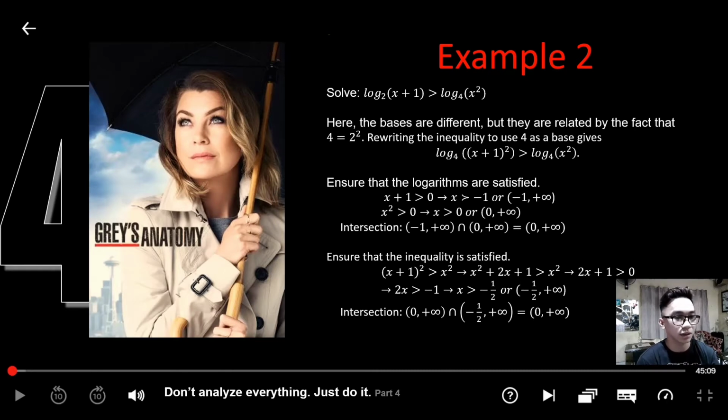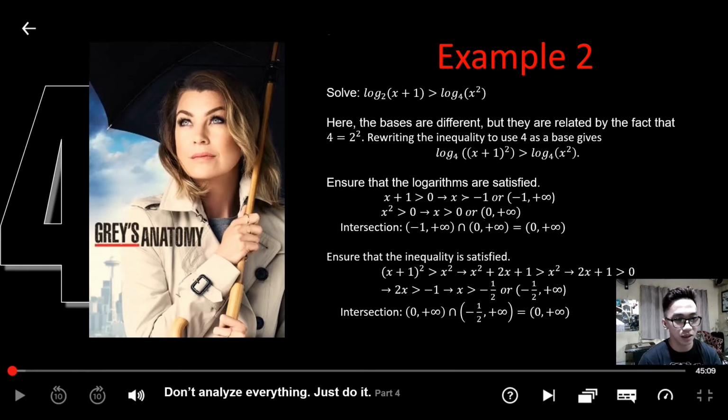Ensure that the logarithms are satisfied. x + 1 > 0, x > -1, or (-1, positive infinity). x² > 0, x > 0, or (0, positive infinity). Intersection: (-1, positive infinity) and (0, positive infinity) equals (0, positive infinity).